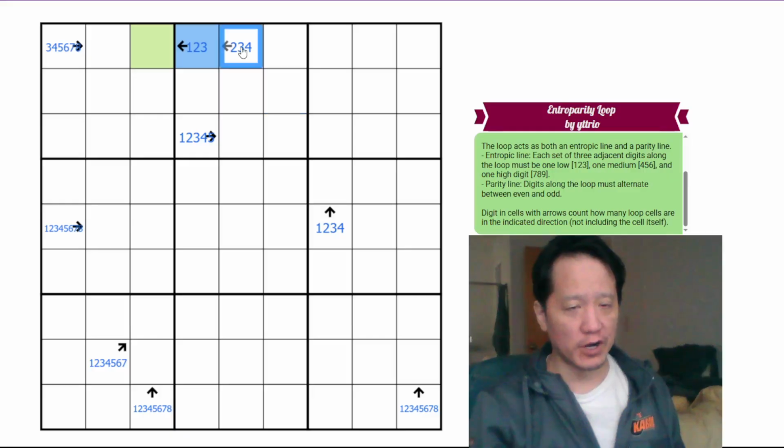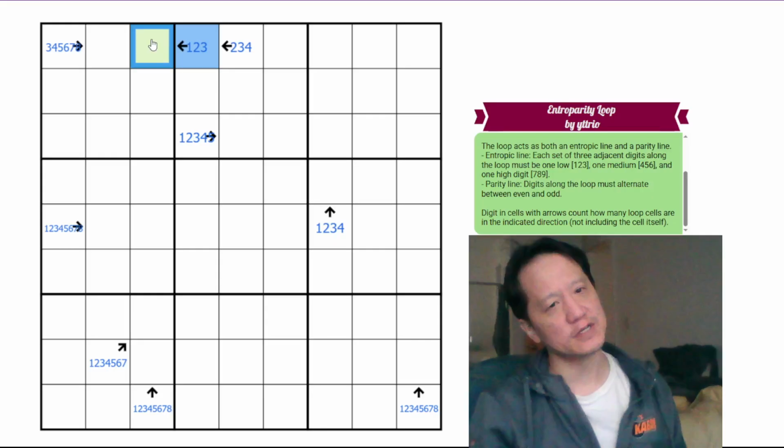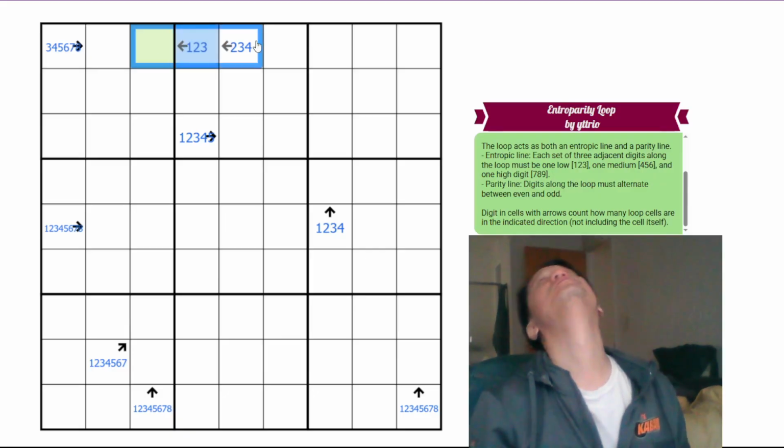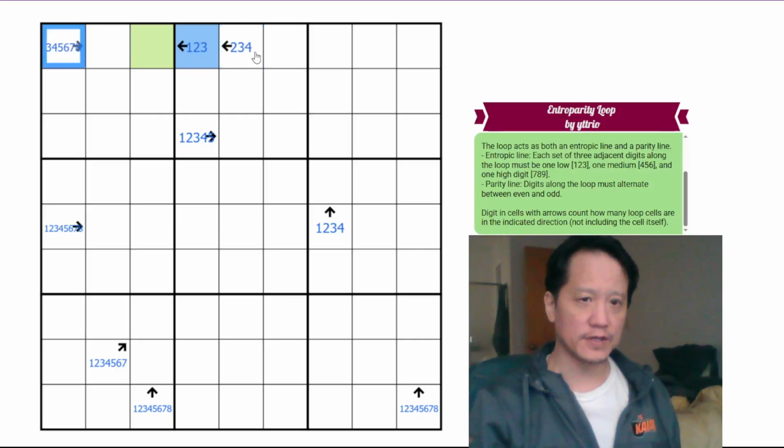So this is 1 greater than this. But the thing is that the loop doesn't have to continue past this. If this is 3, then it would be on the loop. Right? 3, 2, and 1.